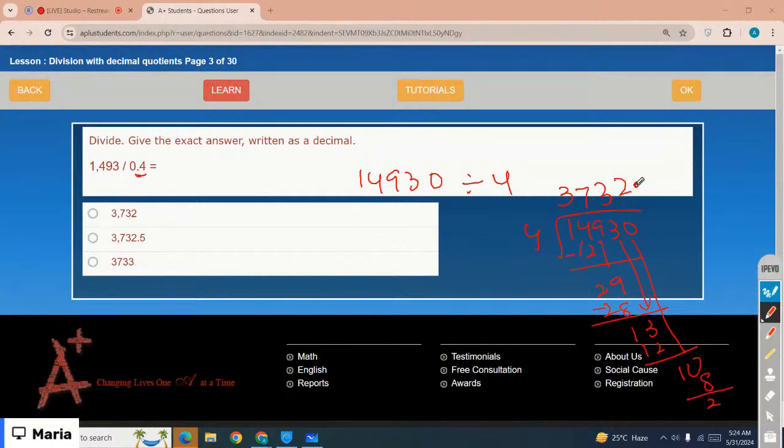You need to put a decimal point over here and add a 0 over here. 4 times 5 is 20. That is 0. The answer is 3732.5. The important thing here is you need to learn how we remove the decimal point. Our next step is dividing like we divide whole numbers. Got it? If you have any question, you can ask so that I can move on to the next example.